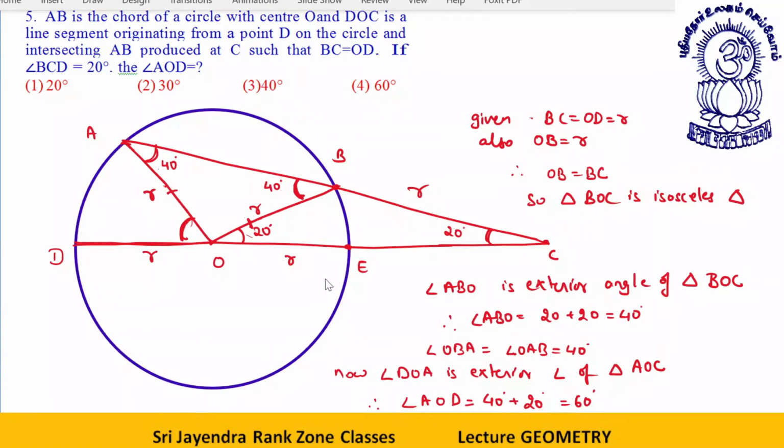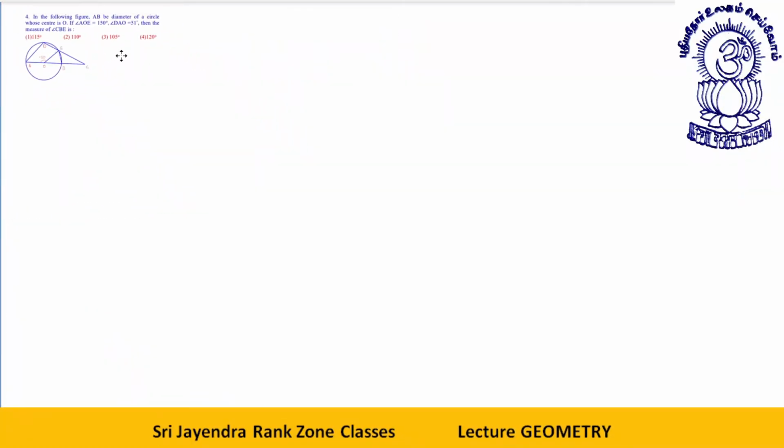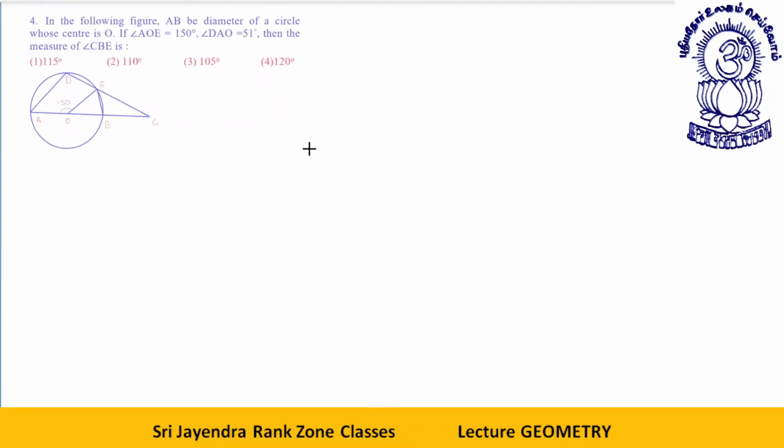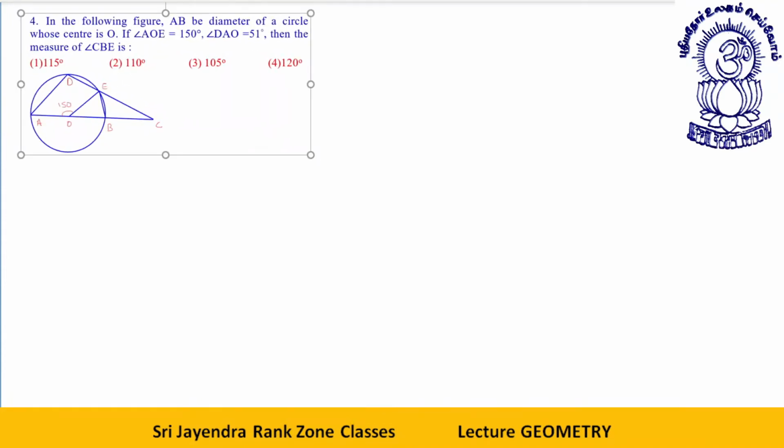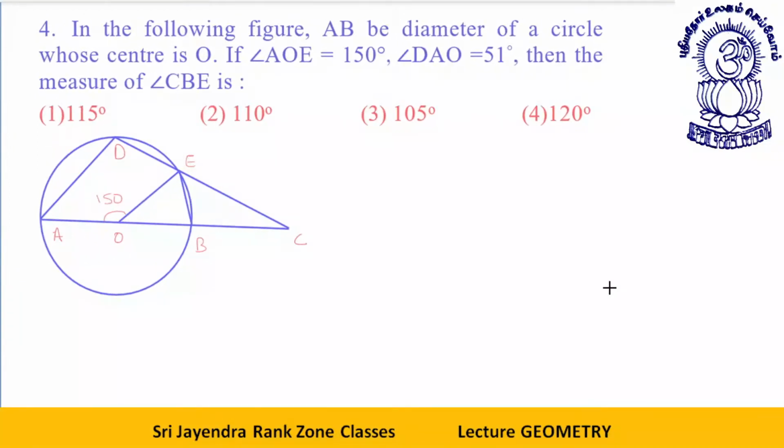Let's take the next question. This is the next one. In the following figure, AB is the diameter of a circle whose center is O. Let me take the figure as big as possible so that I may wind up the question here only.